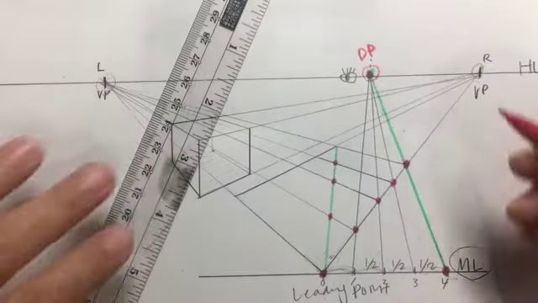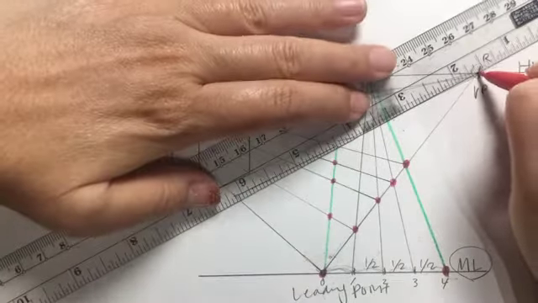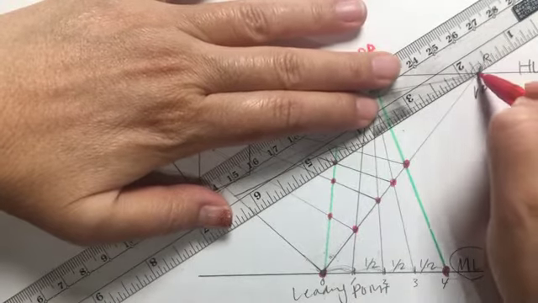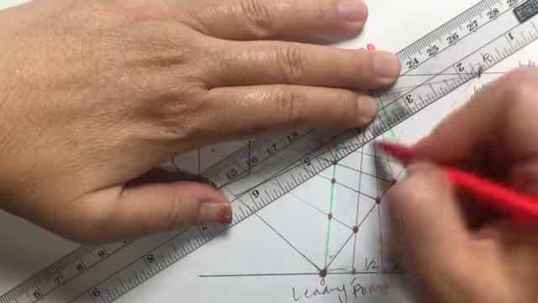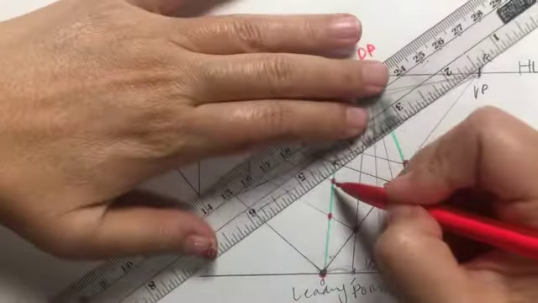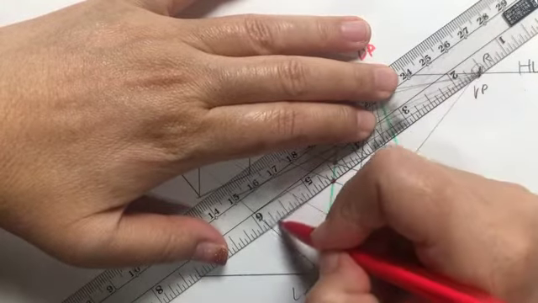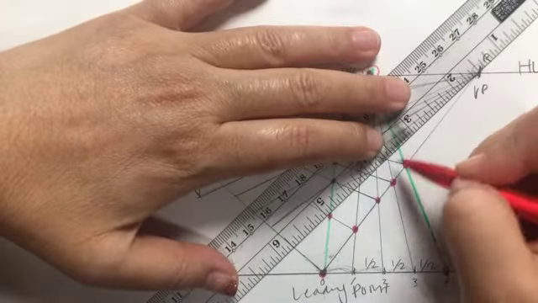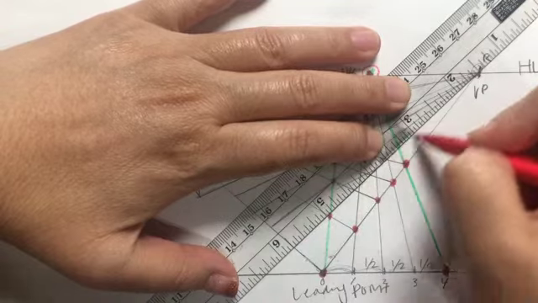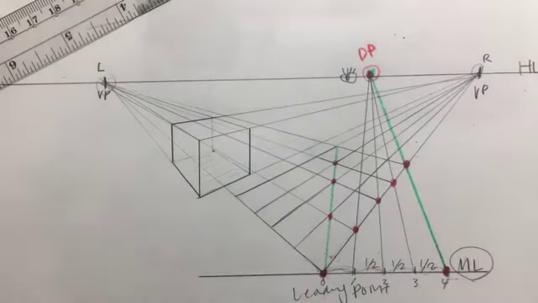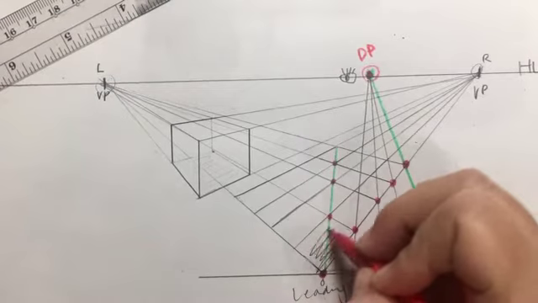So now I just have to connect these dots to the vanishing point like so, and I can continue dividing my floor and make the checkerboards like so. Okay, so that's it.